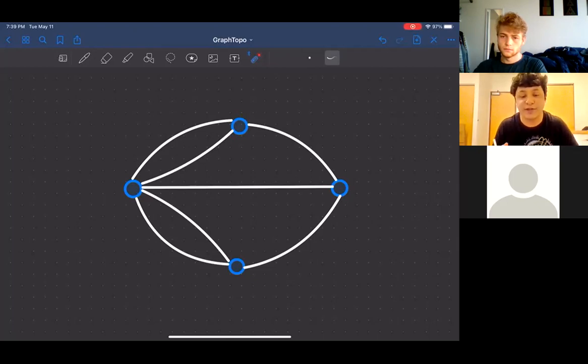Actually, topology went on as analysis situs, but it was not until years later when some group of mathematicians decided to call it topology.